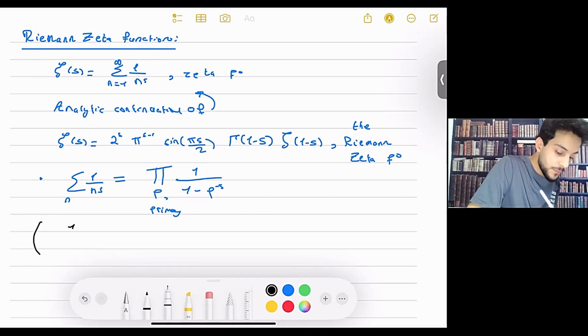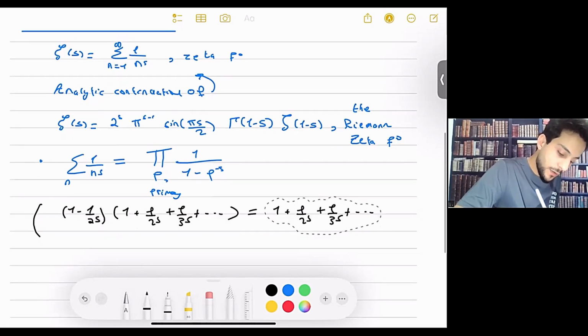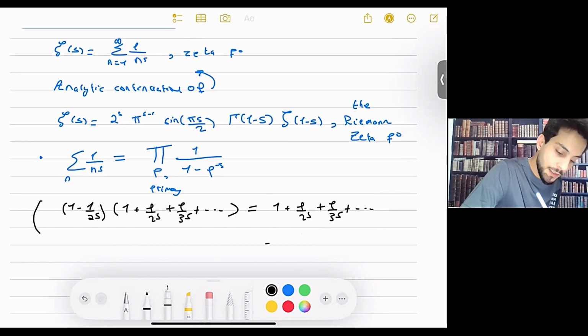Well, if we consider the following, so if we hit this sum by 1 minus 1 over 2 to the s, which is 1 minus 1 over the first prime to the s, well, this sum is going to survive, and then we're going to be subtracting the even terms.